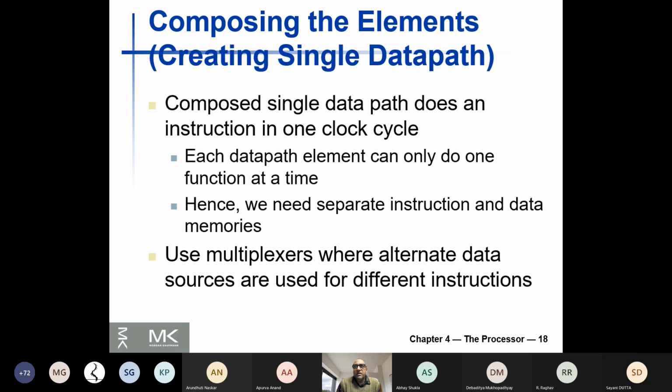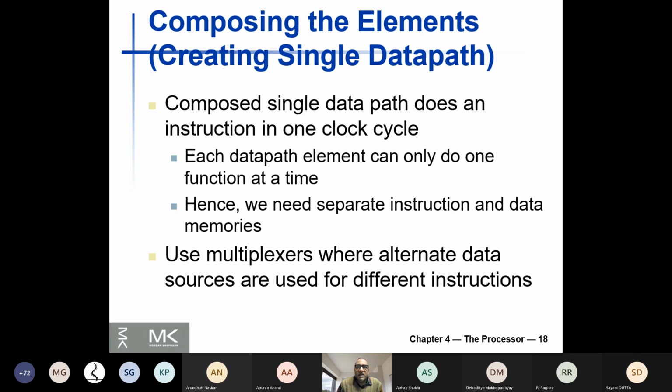For a particular group of instructions, like R format instructions, memory reference instructions, or conditional instructions, what are the different data paths that are involved? Those things we discussed in the last class, one after another.